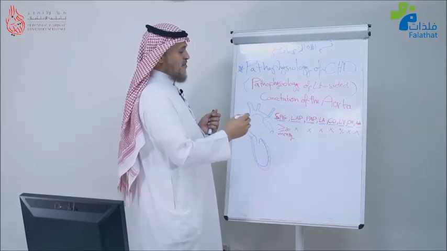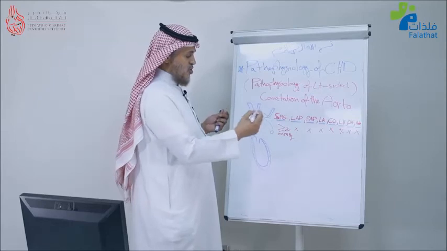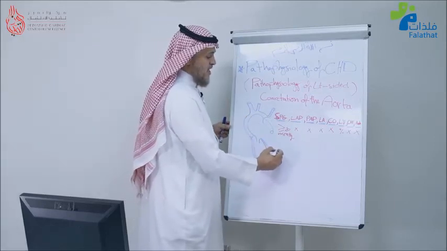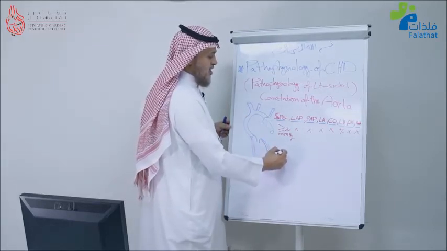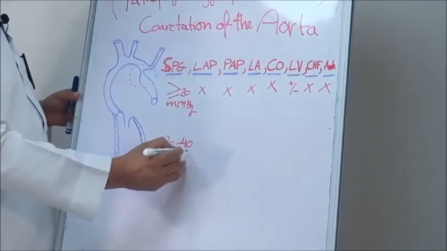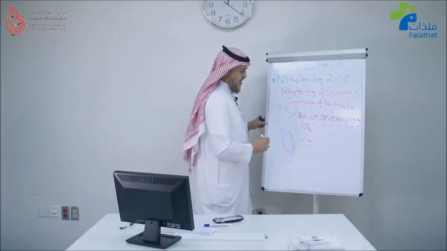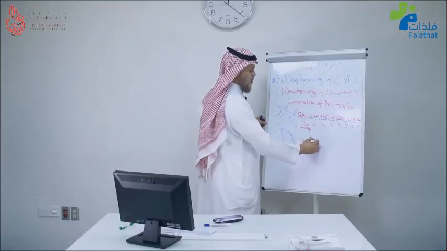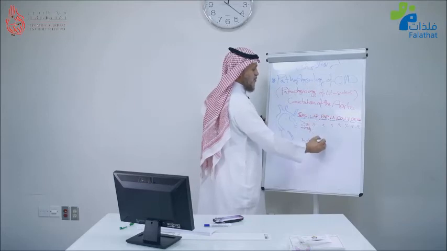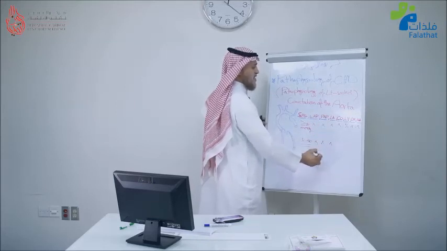So what if it is more than mild? That means we're talking about a gradient of anything between 30 to 40. Here, this kind of gradient can cause some effect. Usually left atrial pressure is not affected, pulmonary artery pressure is not affected, left atrial size is not affected.